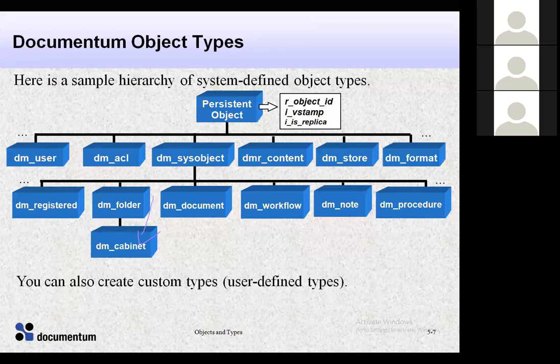Here is an example of some of the types that are there in the system. As I told you, these are all starting with DM only, because it's a nomenclature that Documentum follows so that nobody gets confused.